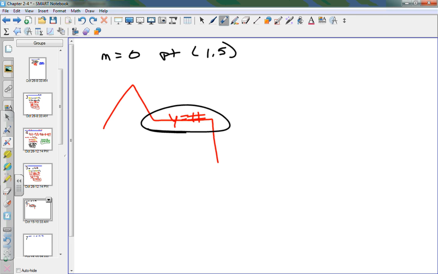So if it's y equals a number, I want you to graph the point 1,5 on your paper. The point 1,5 is approximately right there, correct? I need to have a horizontal line through the point 1,5. Yay, nays? So here's my horizontal line. Pretend that's horizontal. Kind of looks like a bow. Sorry, it's a bowed line. Well, can you tell me about every point that's on that line?